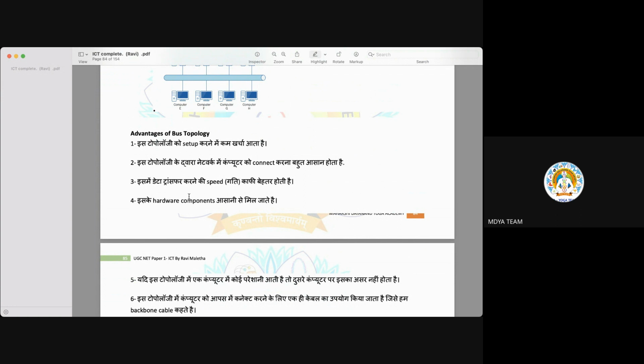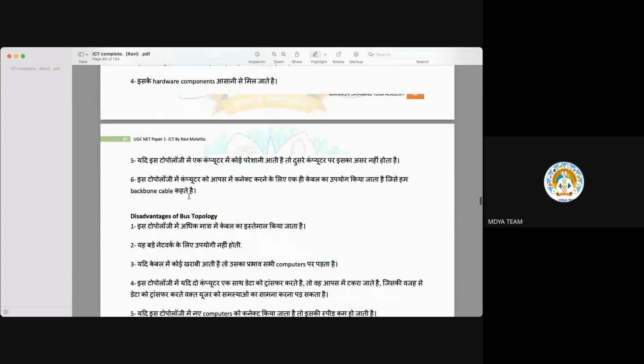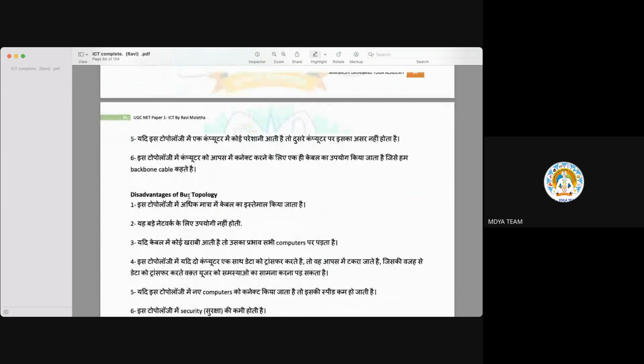Because it is a single cable and the distances between the computers are less, the speed is faster. All right, high speed, easier to install, and the hardware components required to make such a topology are easily available. So this is easier to establish.